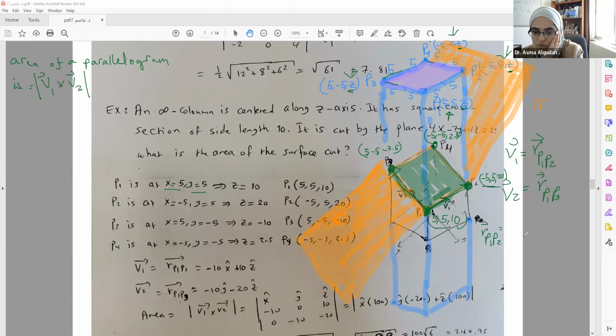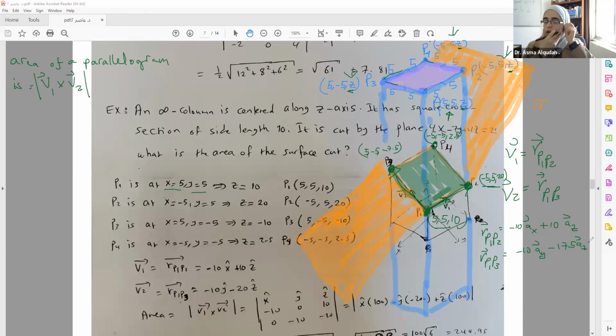So minus 5 minus 5 is minus 10 a sub x, 5 minus 5 is 0, and 20 minus 10 is plus 10 a sub z. The next vector is R P1 P3, between P3 and P1. So we have 5 minus 5, which is 0, minus 5 minus 5, which is minus 10 a sub y, and minus 7.5 minus 10, which is minus 17.5 a sub z.